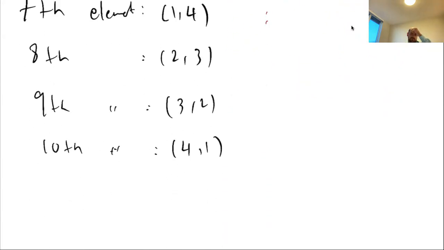Okay, so this way we are listing every element of N cross N, because every element of N cross N is a pair, and therefore the sum of those two numbers is some number. For example, it could be 51. Then it would be somewhere in this list, right?